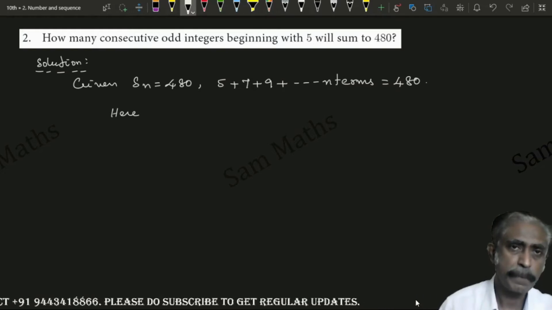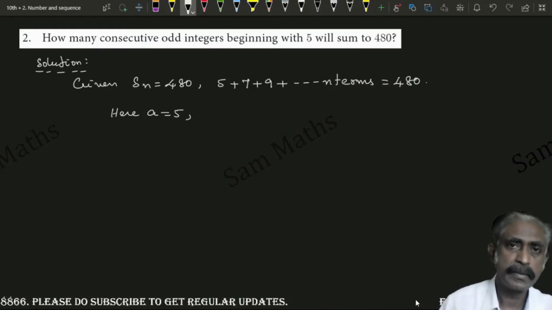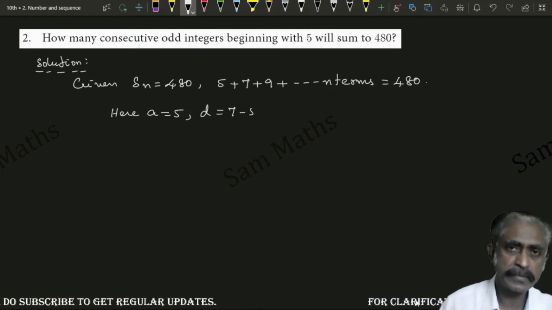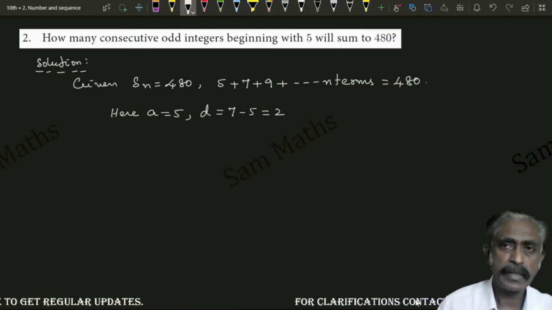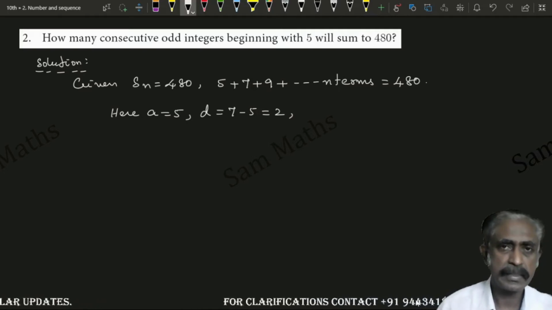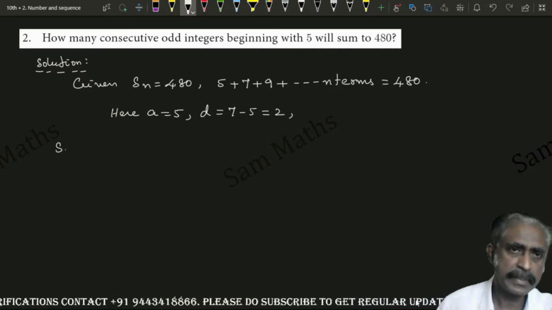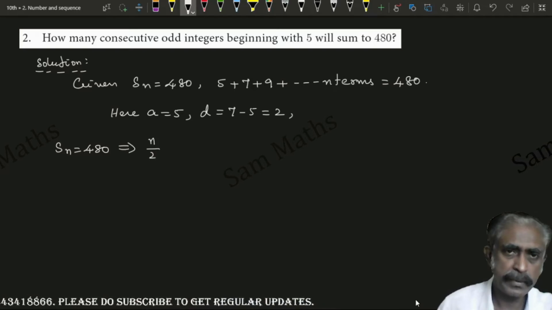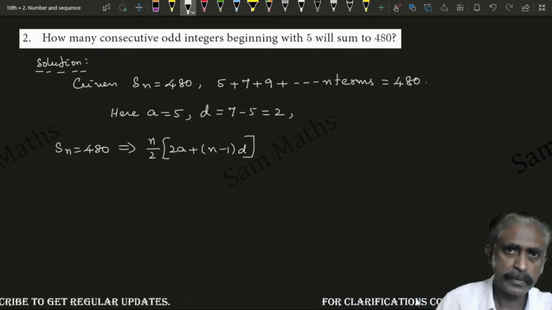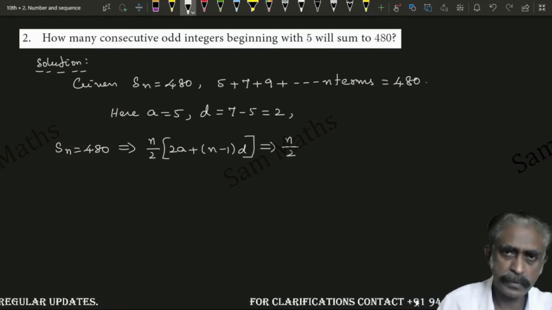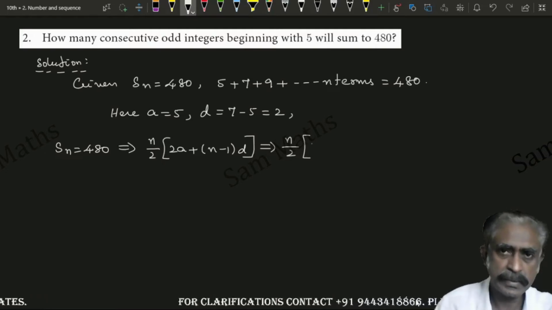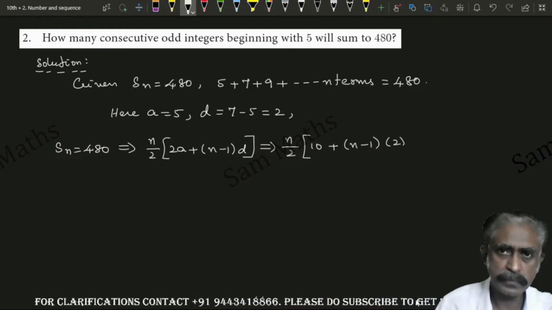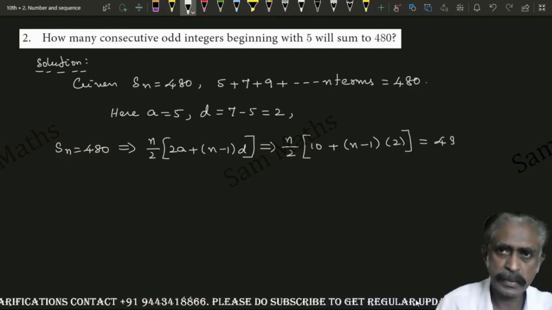Here A is equal to 5, D is equal to 7 minus 5, that is 2. N value we don't know. Sn is already given, 480. You know the formula for Sn, n by 2 into (2a plus (n minus 1) into d), which implies n by 2 into (2 into 5 is 10, plus (n minus 1) into 2) equal to 480.